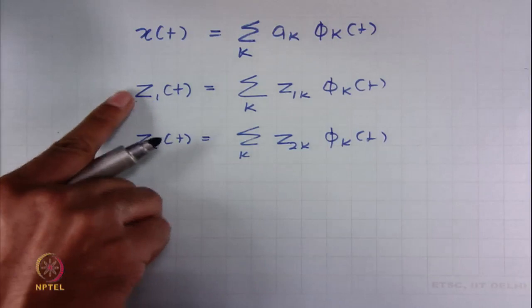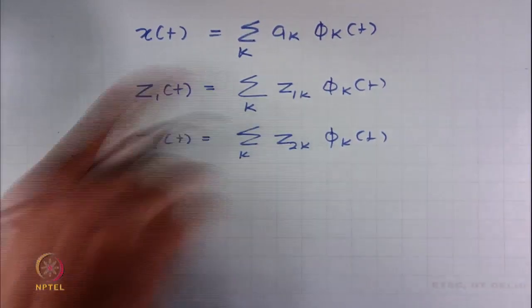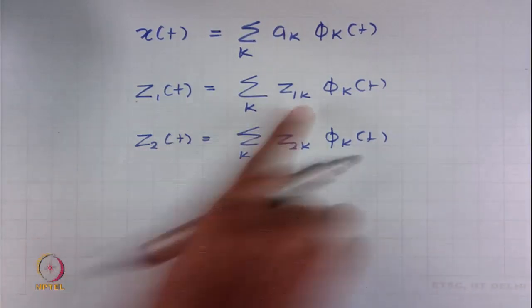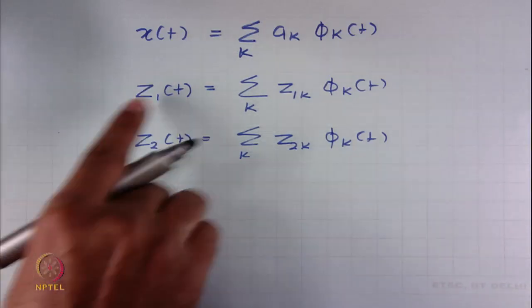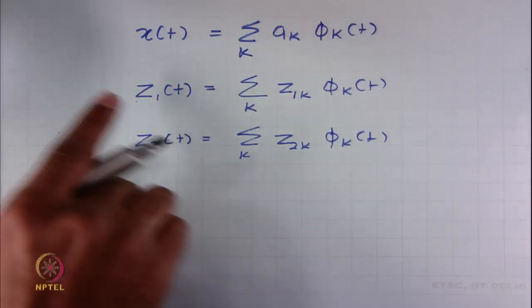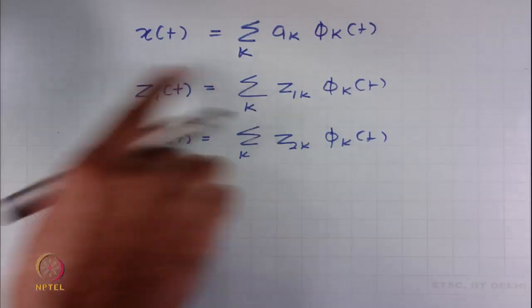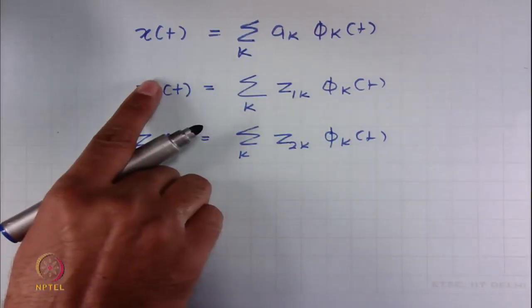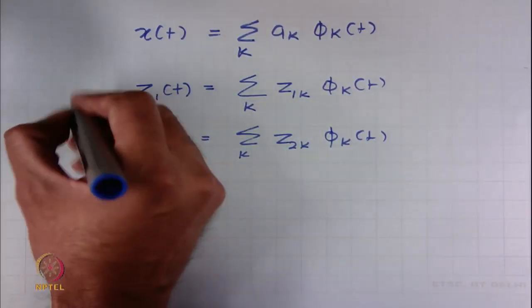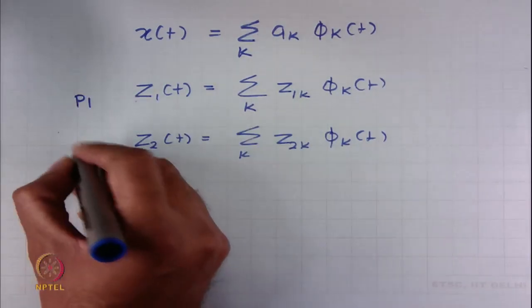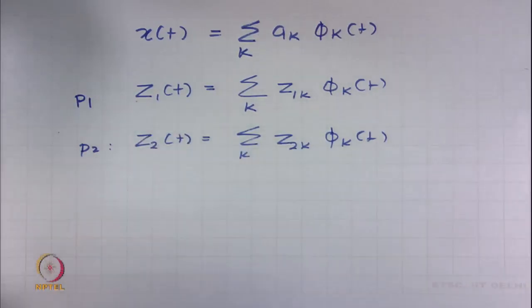Now, how can I think about the random processes in terms of the sample functions? When we are talking about the random process, we should also know the probability that this sample function should happen, right. So, there is a certain probability, let us say p1, that this sample function happens, and probability p2 that this sample function happens.